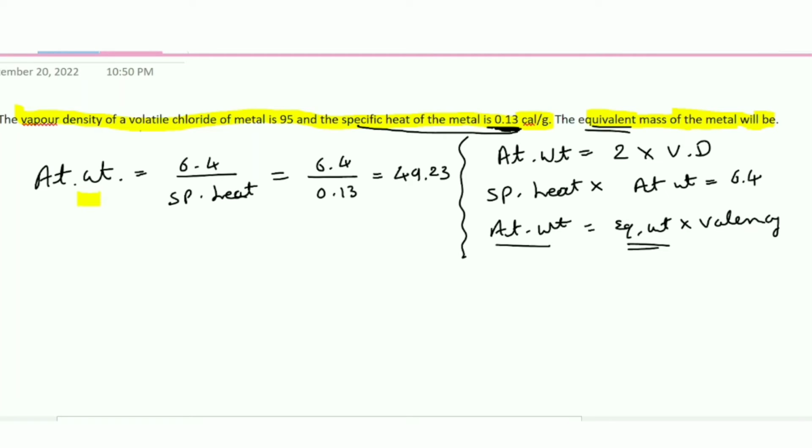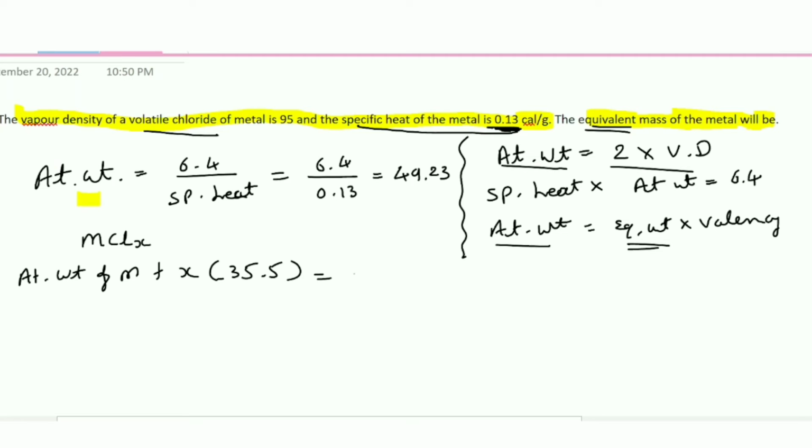Now here it is talked about the chloride, the metal chloride. So let the metal chloride be MClx. As I told you previously, we can write the atomic mass or atomic weight of metal plus x into 35.5, the atomic mass of chlorine, is equal to 2 into vapor density.